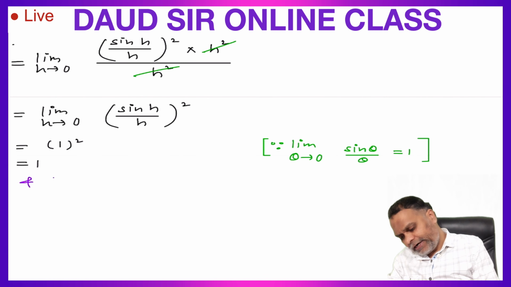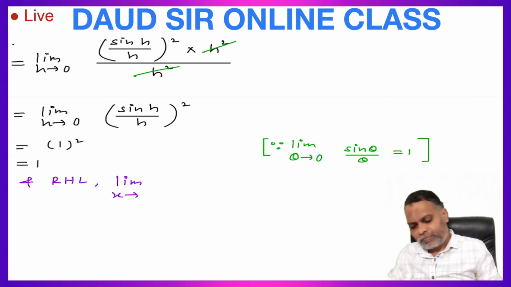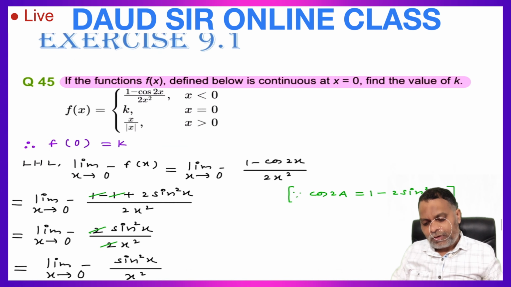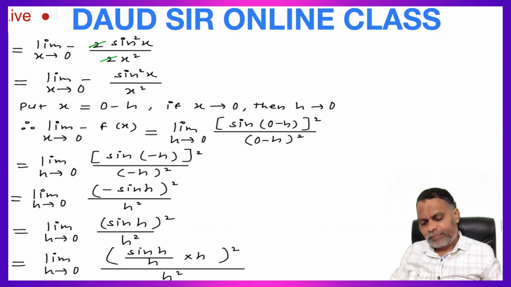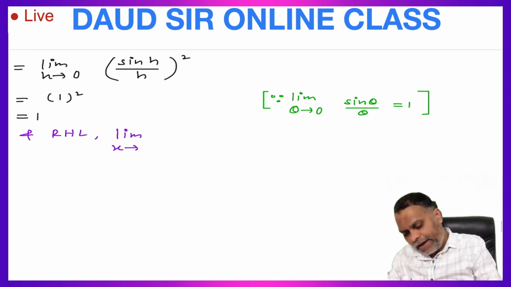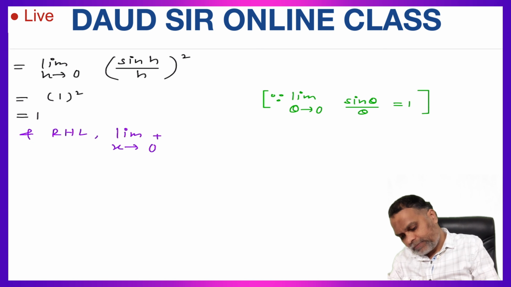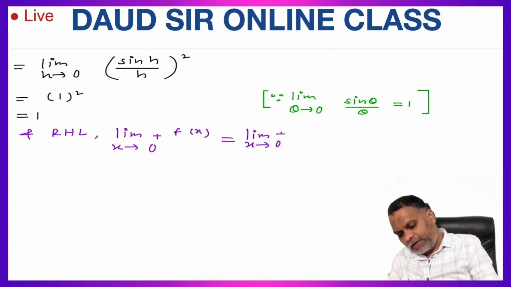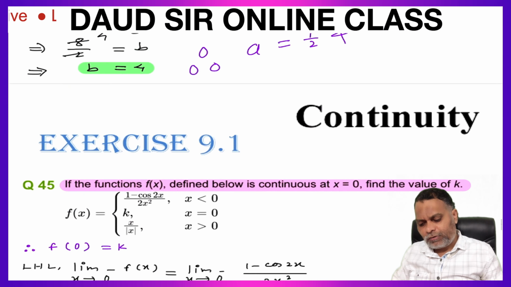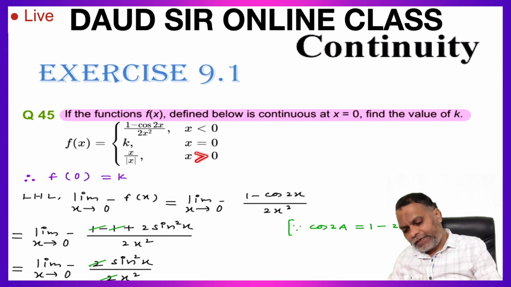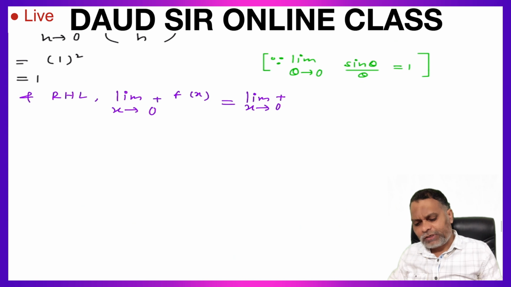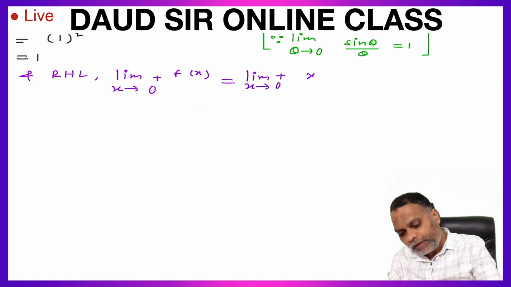And right hand limit, x tends to 0 plus f of x is equal to limit x tends to 0 plus, where x is greater than 0, here x is greater than 0, so take this function x upon modulus of x.